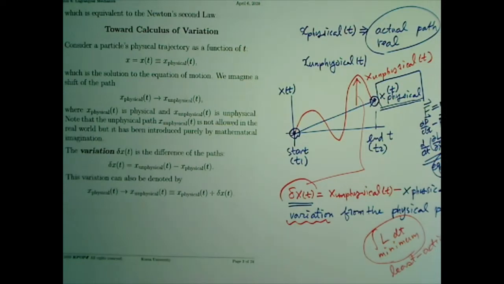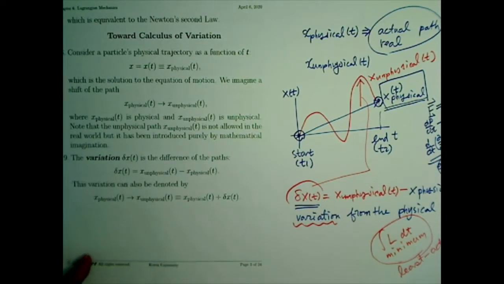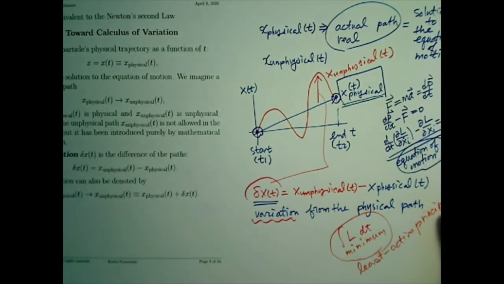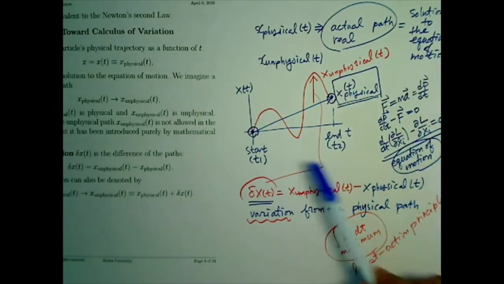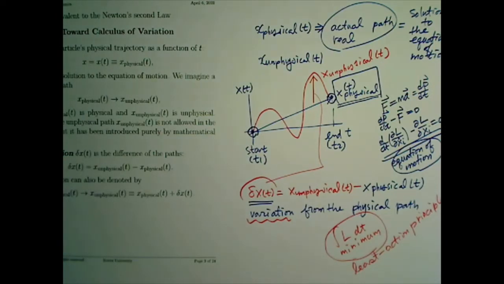However, we can imagine some unphysical contribution, an unphysical path. For example, this is time, and this is the trajectory, the y-axis, the position of the particle at time t.